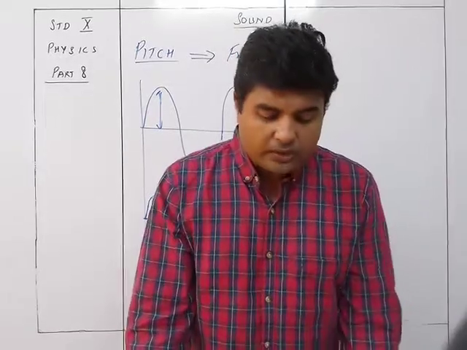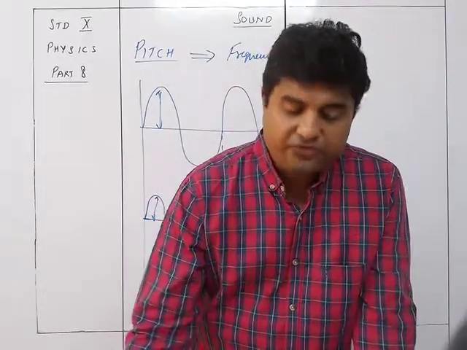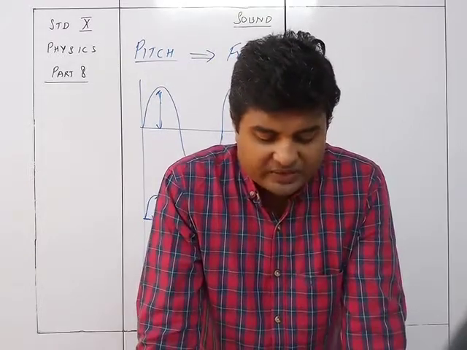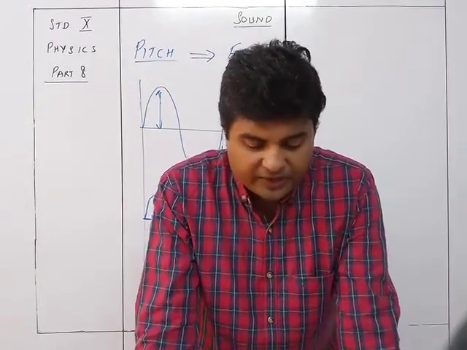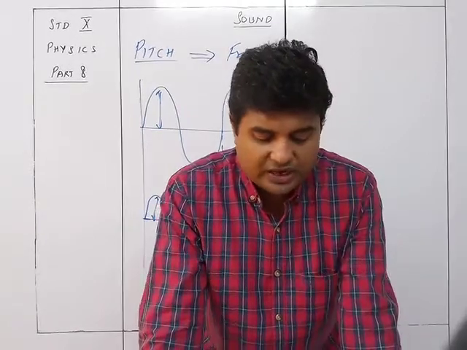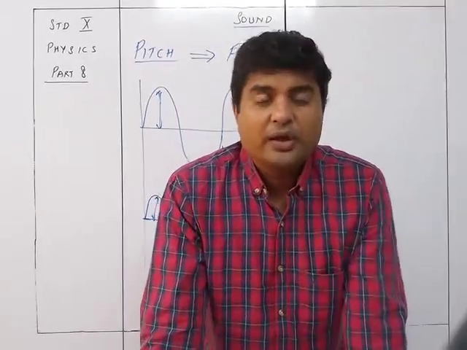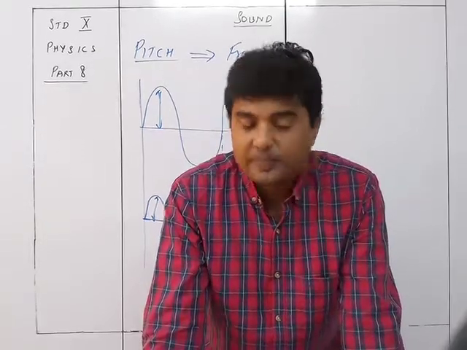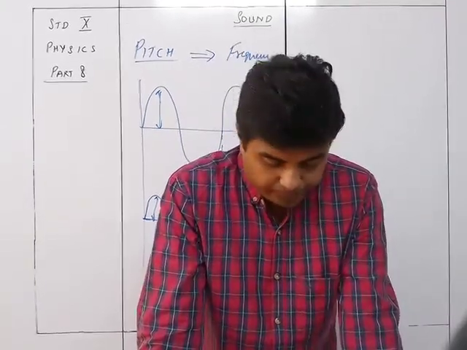So the pitch of the note depends on the frequency. Two notes sounded by the same instrument with the same amplitude will differ in pitch when their vibrations are of different frequency.